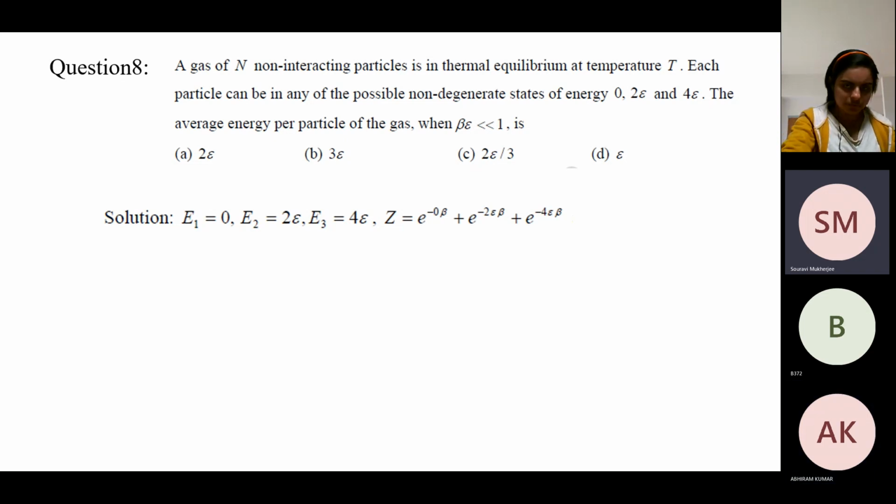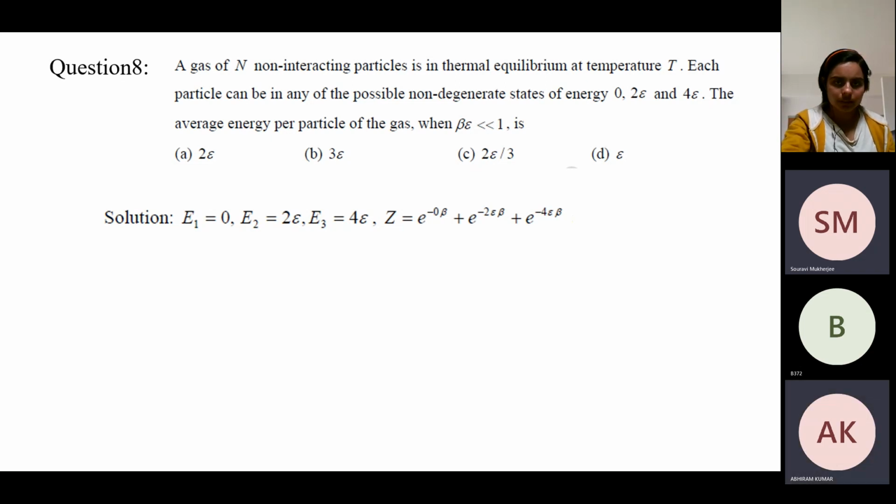So you will get a number of exponentials, and then you have to simplify them, like expand and simplify. 2 epsilon e to the power minus 2 epsilon beta plus 4 epsilon e to the power minus 4 epsilon beta upon Z. See, here it's given beta epsilon is less than 1. So that means you can expand the individual exponentials, and then simplify.